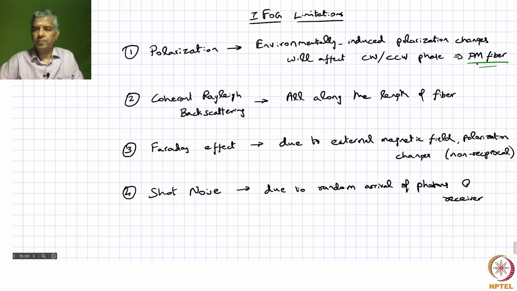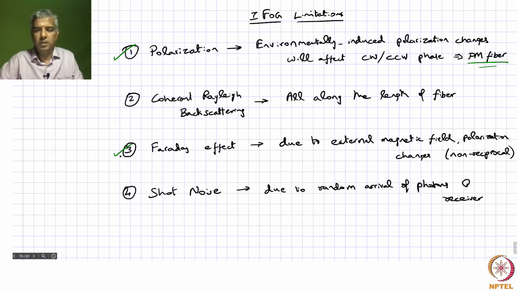There's some special care taken to make sure that the external magnetic field is not applying on the fiber coil and causing uncertainties with respect to the phase measurements that you're doing, right? So those are some practical issues that we take care of. So let's say we have taken care of these.